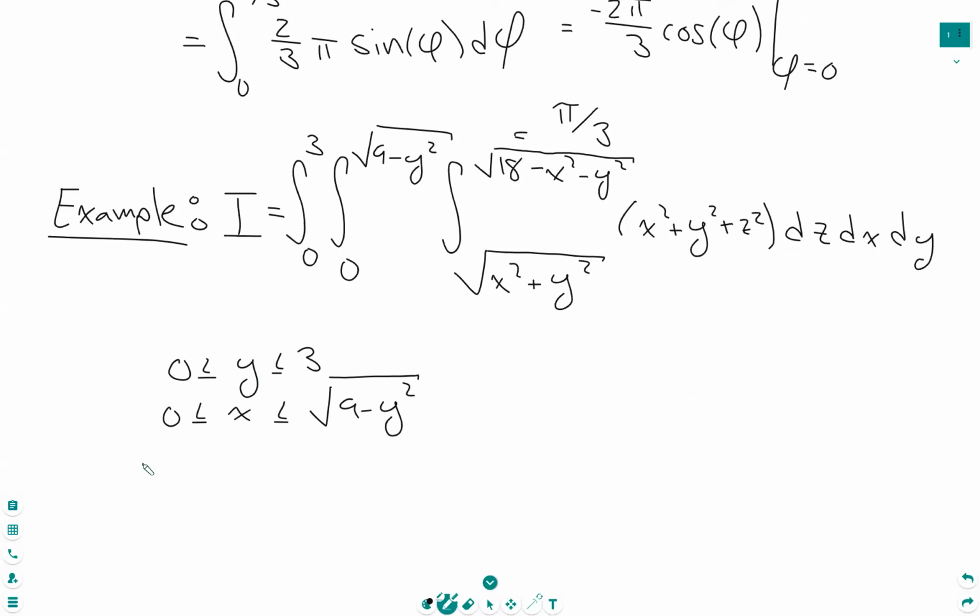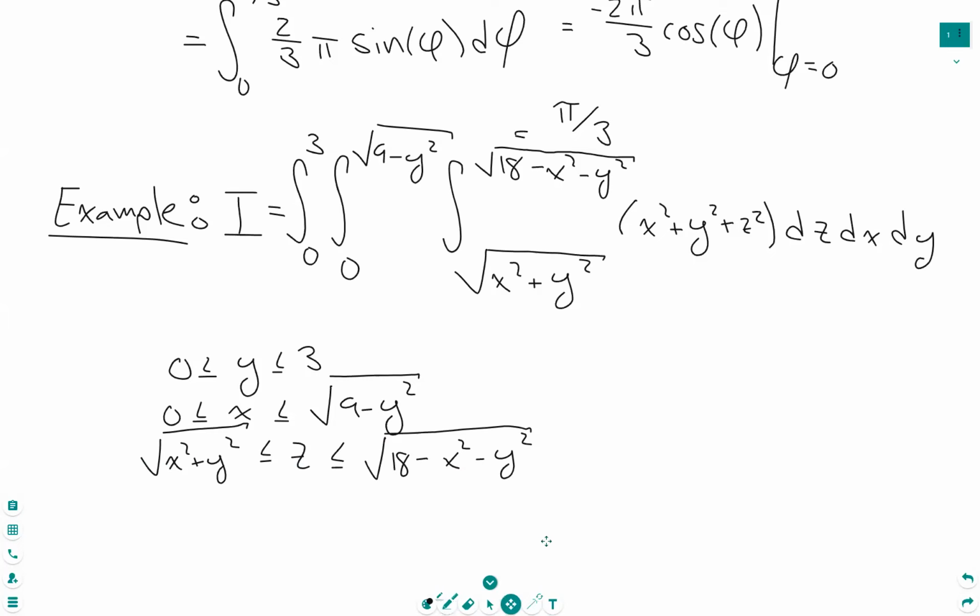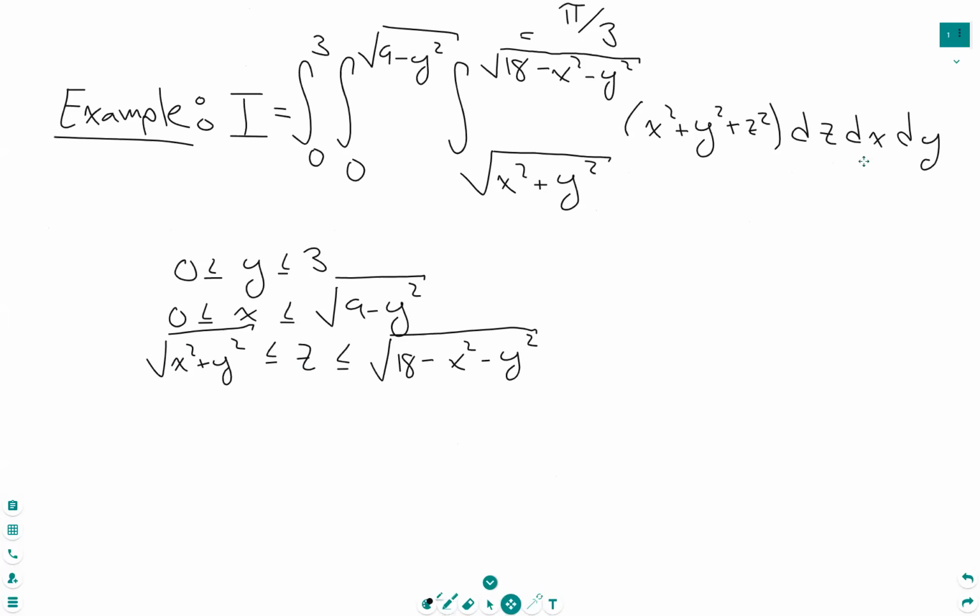And I know that z goes from the square root of x squared plus y squared to the square root of 18 minus x squared minus y squared. Okay. So remember, the latter two integrals define our projection. So let's take a look at what our projection looks like.